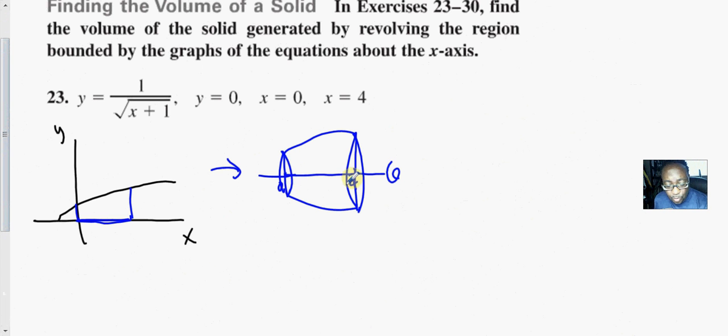Can't see my 0 and the 4, and I'm kind of anxious about that. I do not like that.